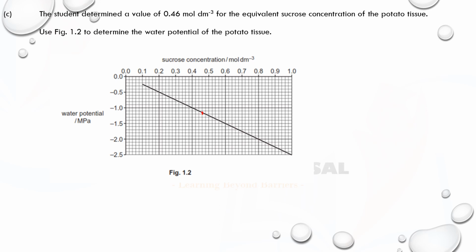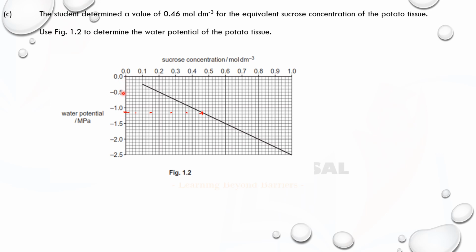Remember, this is just like half of a box, close to half of a box. Trace it here. But we also need to find the value of one box on the y-axis. Look at this. Don't forget that from here to here is 0.5, so 5 boxes gives us 0.5.